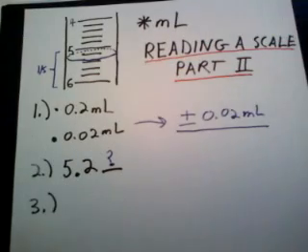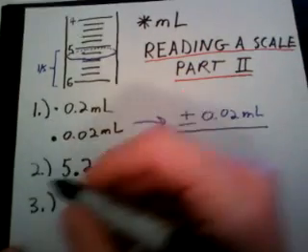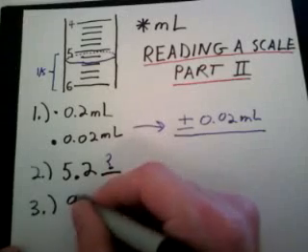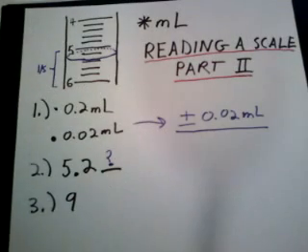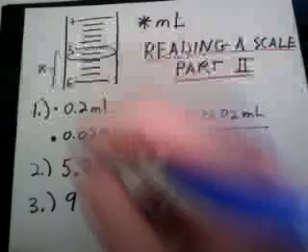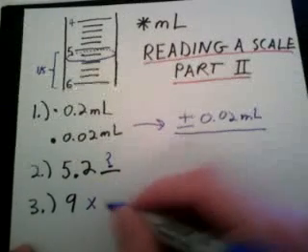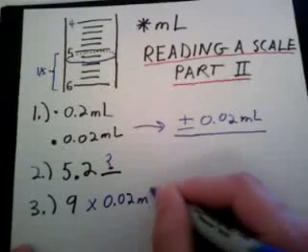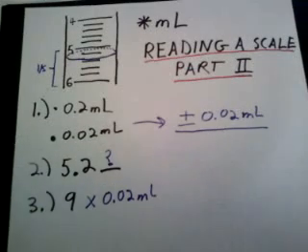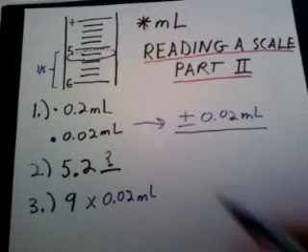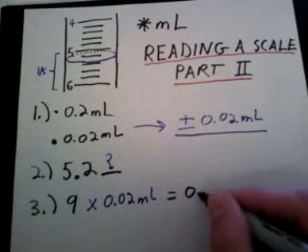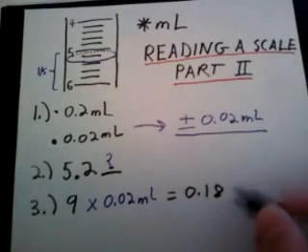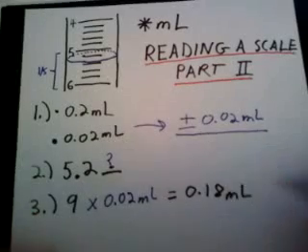So I'm going to assign it a value of 9/10, or the digit will be 9. Now what we're going to do is multiply that by our uncertainty. So 9 times 0.02 milliliters, and that's going to equal 0.18 milliliters.